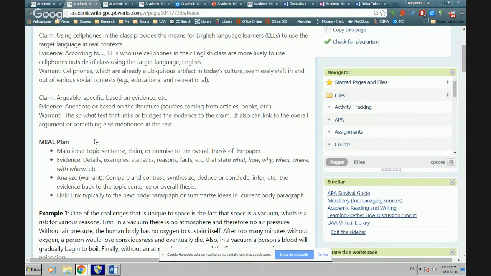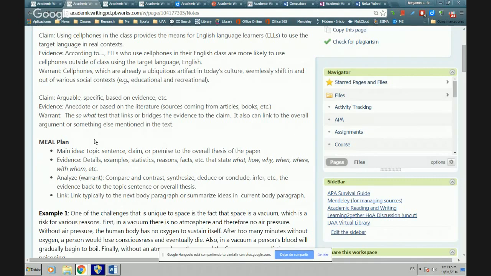It's to make sense, it's to connect the ideas, it's to bridge the two, so that for the reader, there's no confusion as to, okay, well, what's the relevance of this evidence, this example, to the main idea? There should be no doubt. And so I tend to think of the warrant kind of as the analysis, the evidence as the evidence, and the claim as the claim. And then we have the link, which would be its transition sentence.